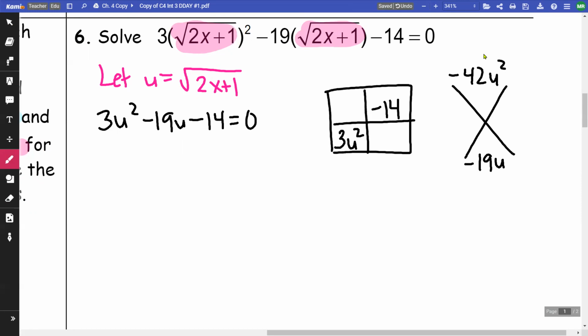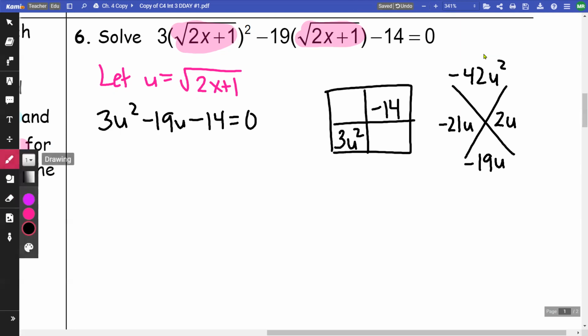And so for this, let's see, trying to get a 19. So 42 would be 1 and 42, 2 and 21. So I think it's going to be this 2 and 21. So it's going to be a negative 21u and a positive 2u. Okay.